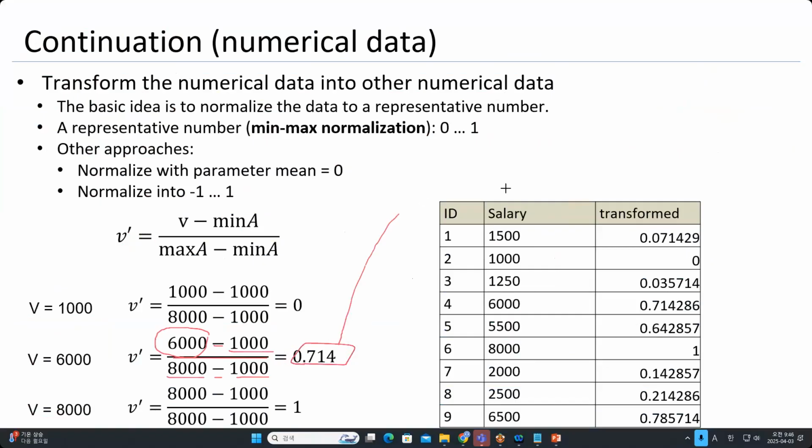So here is the new value for the salary equal to 6,000. Using this transform value, we can figure out whether the data is nearer to 0 or nearer to 1, because it is easier for us to understand with the scale.